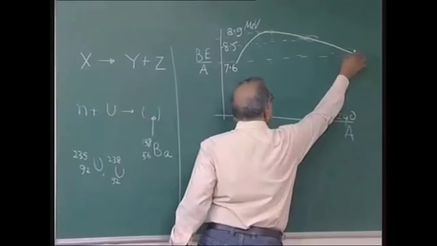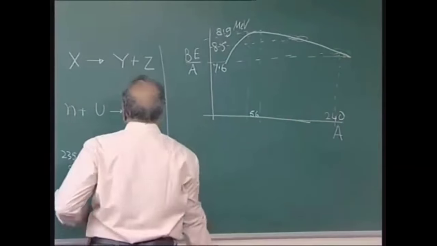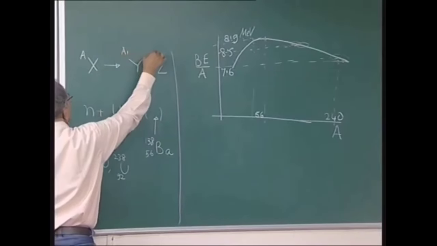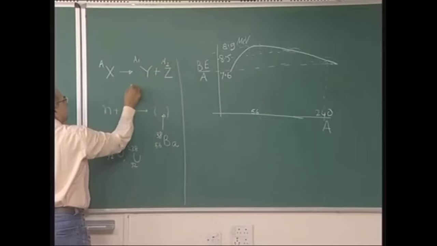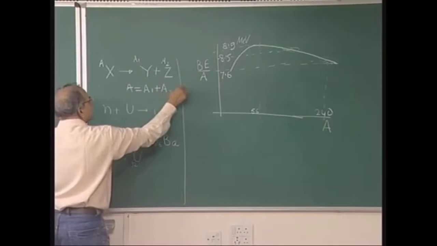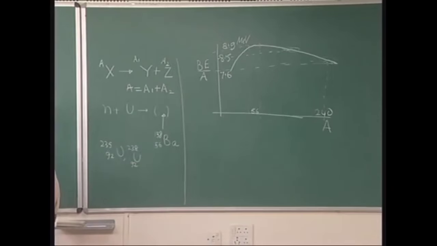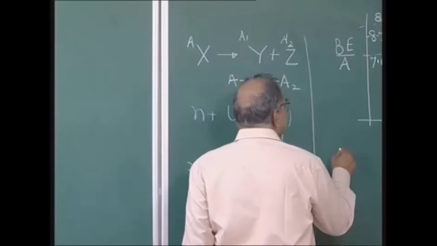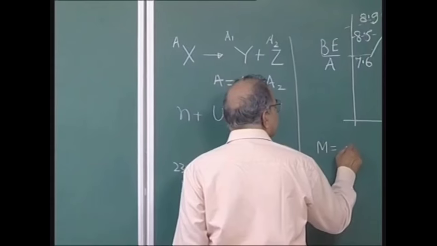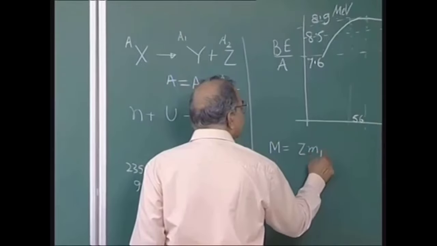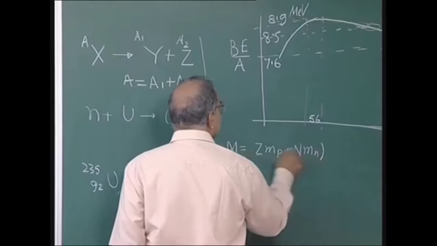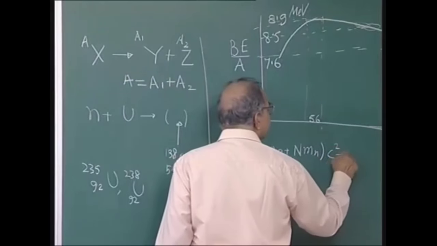If I take the first nucleus of mass number A, and these are mass numbers A1 and A2, from this diagram you can write the binding energy, and remember the mass of a nucleus is Z times Mp plus N times Mn, times c squared, minus the binding energy.